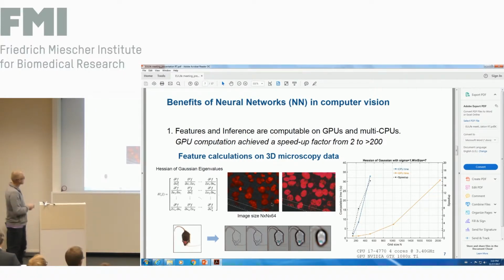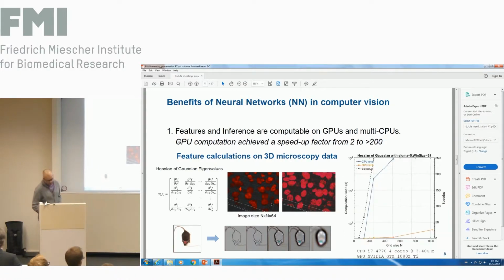We did it on multiple 3D images of n by n by 64 pixels, and that's the result when running it on a GPU, GTX 1080, and on CPUs. With a very small kernel size of sigma 1, window size 7, you already have between the CPU and the GPU a speed-up factor of roughly 10 to 15.